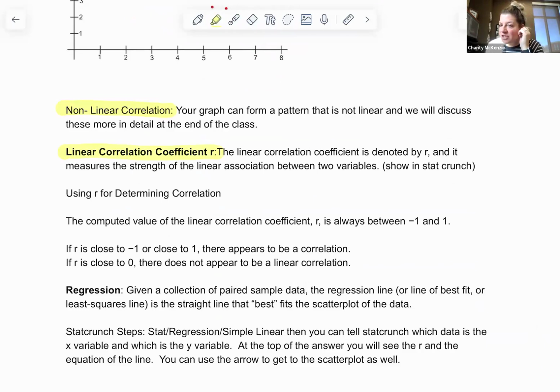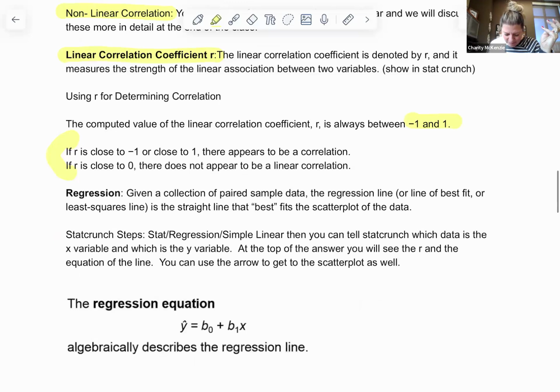So the correlation coefficient is just a number, and the closer that number is to 1 or -1, the better the relationship is. It's between 1 and -1. So a negative relationship is going to be going to -1, and a positive relationship will be going to the number 1. So if I have a negative 0.9, I have an amazing negative correlation. So we'll see that in some examples as well.